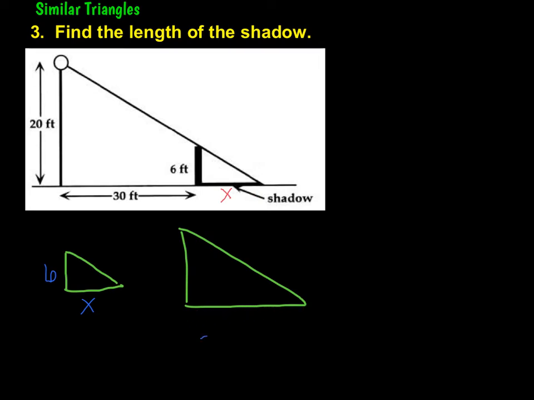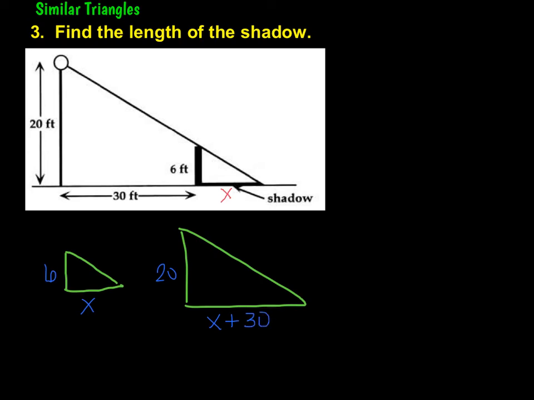So let's see, I have 20 here, and we need to figure out that bottom length. Well, we know it's 30 plus whatever this piece is. So we're going to have to just keep them separate for now. We're going to write X plus 30, just like the first problem we had to do.